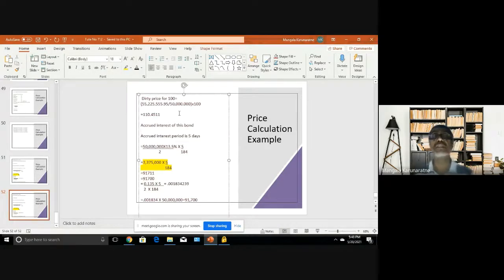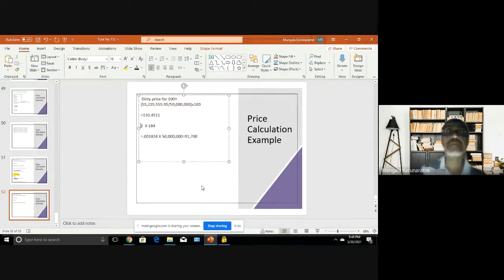So now this is what we have got, 91,700. And we know the dirty price is this. So I'll erase this part, and this part as well.